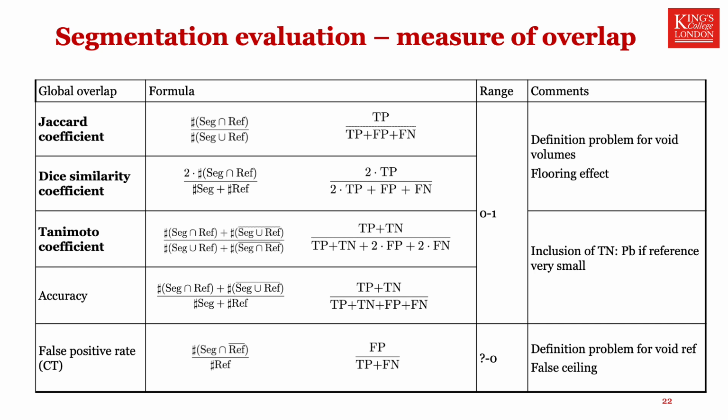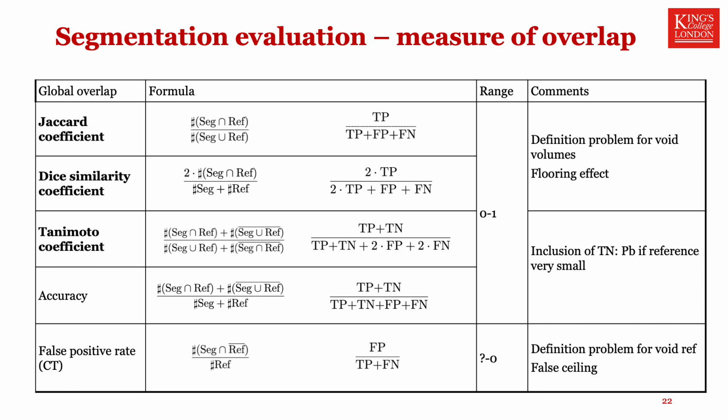The problem is that each time you include true negatives, such as with the Tanimoto coefficient, if the reference has very small number of elements, you may have a very large amount of true negatives, and that may cover a bit the signal.